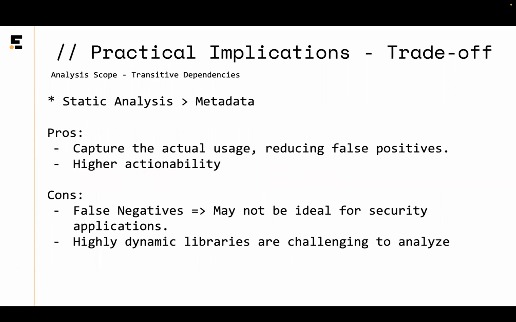But when we come to transitive dependencies, I would be more strongly in favor of using static analysis, because by capturing the actual usage, we can really quickly reduce false positives. If you remember the example I showed before, by looking into the code paths we could see that the last one, lib3, was actually not used.